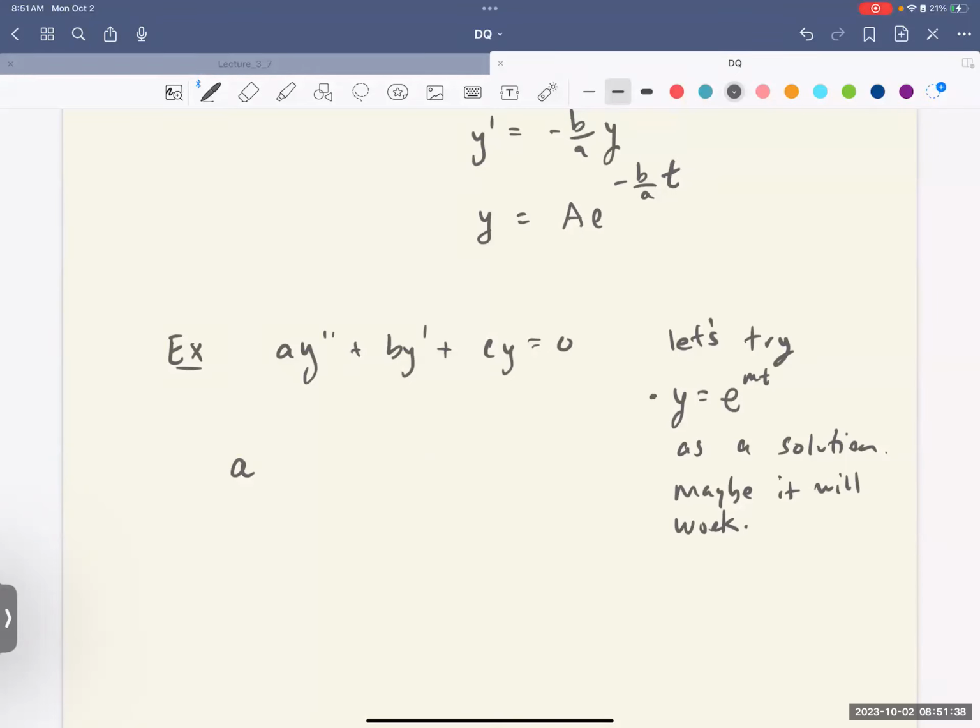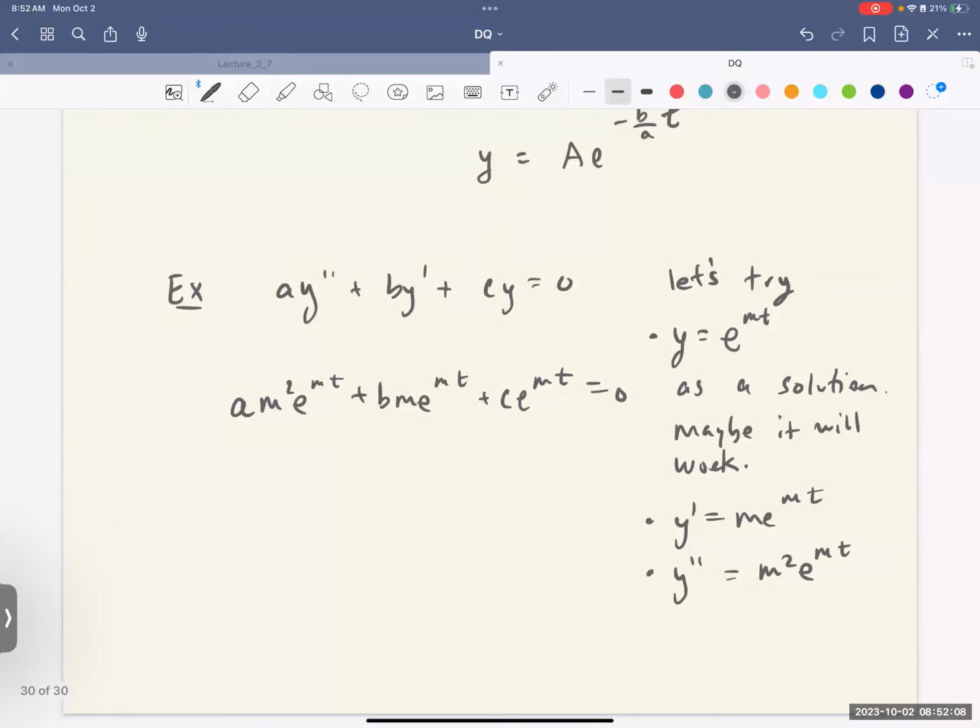So if y is e to the mt, y prime is m e to the mt, and y double prime is m squared e to the mt. Then we'd have a m squared e to the mt plus b m e to the mt plus c e to the mt is equal to zero.